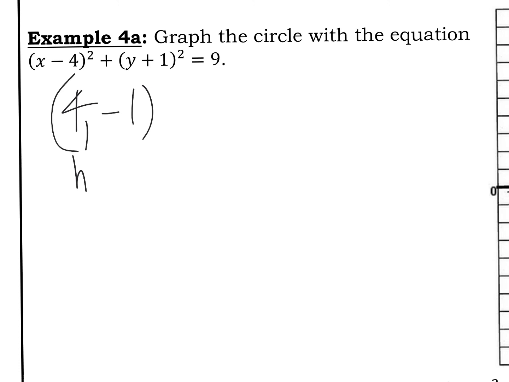And then my radius is just going to equal the square root of 9, which is, of course, 3. So all I need to do is plug in this point here, and then what you should do is plot 4 reference points, 3 spots up, left, right, down of this point, and then just draw a circle around it, and that would be good enough for me.